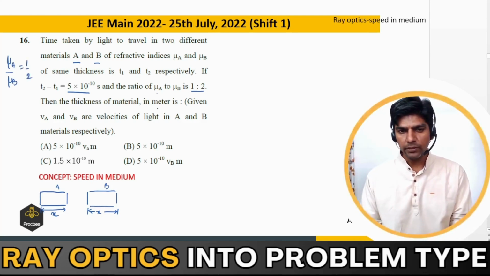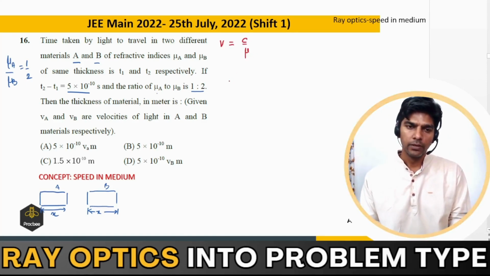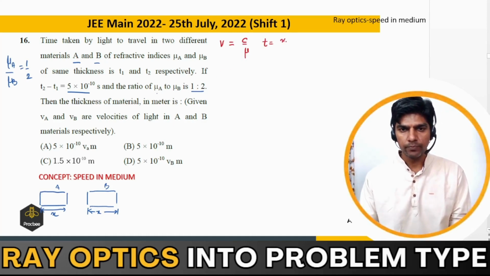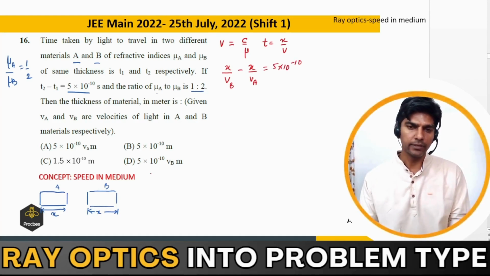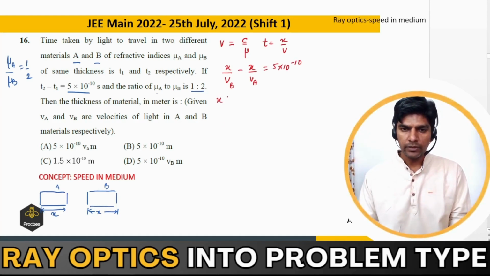Then find the thickness of the material in meters, where VA and VB are the velocities of light in material A and B respectively. We know that the speed of light in a medium is given as C divided by the refractive index. So, time is distance upon speed, so t2 minus t1 can be written as distance upon VB minus distance upon VA, which equals 5 into 10 raised to power minus 10.